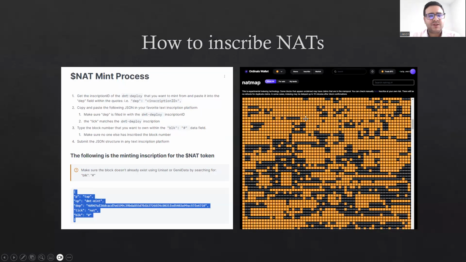Just very quickly, I'll take you through it. Just some screenshots. I didn't want to go through the whole Unisat. But I've been using Unisat, and really, if you go on Gitbook, you'll see that you've got the text inscription here that you can copy and paste.